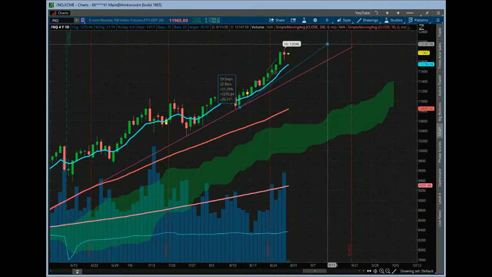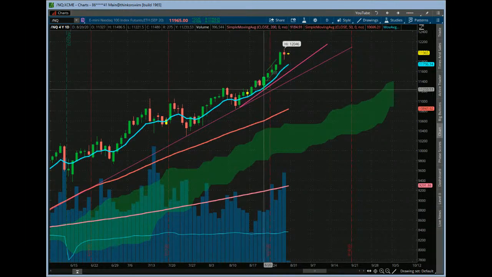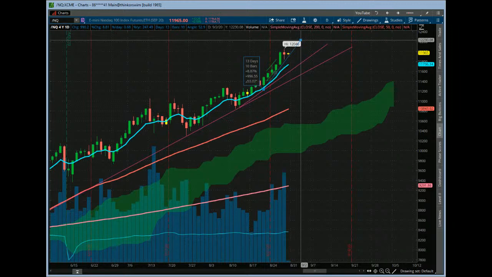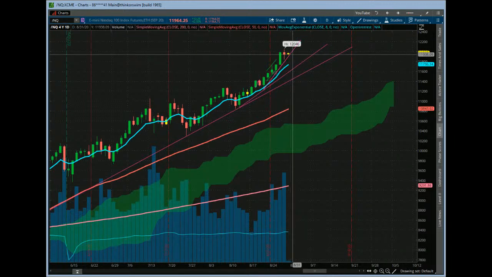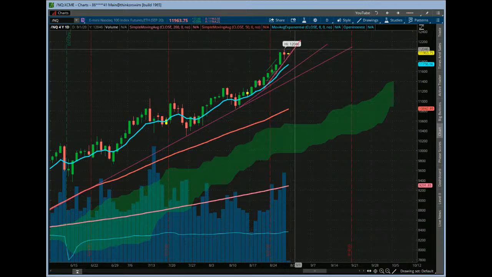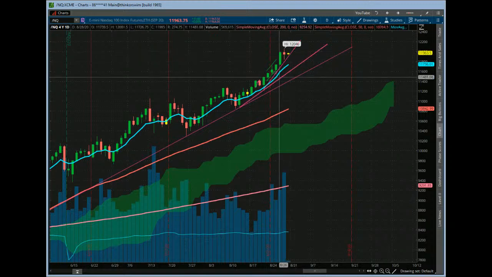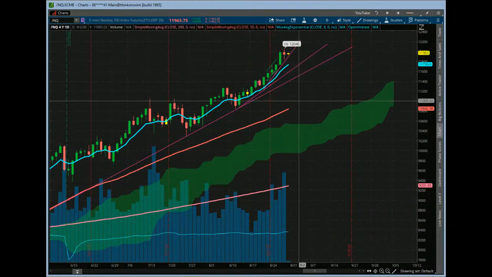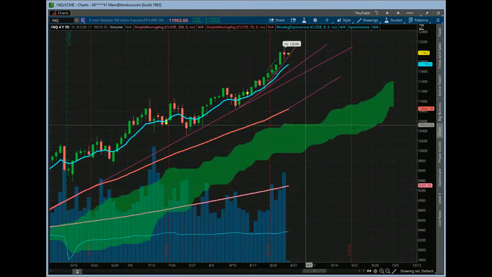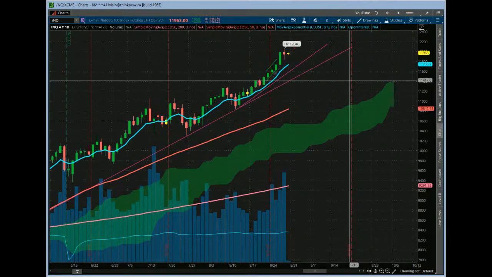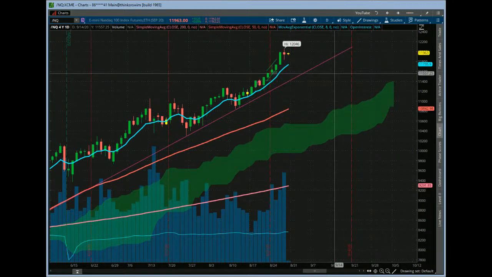So you've got a couple little bump lines that you could use as mini guides right here. You just have to respect the trend, but also respect the intraday price action and any news that comes out. So again, we're still going to consider it bullish until proven otherwise. We break down here, we've got this line. Break down, we've got this line. Break down below here, then we've got maybe wherever the 50-day moving average is, and the cloud below that one. But this thing has just been so super duper strong, and until the money rotates out of those, bullish until proven otherwise. So we've got that going on.